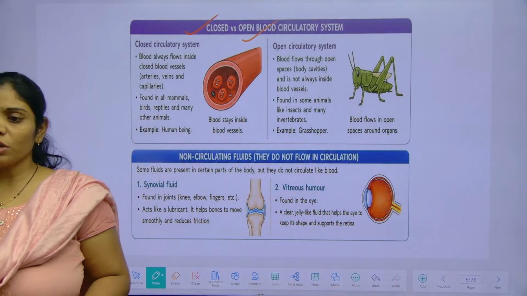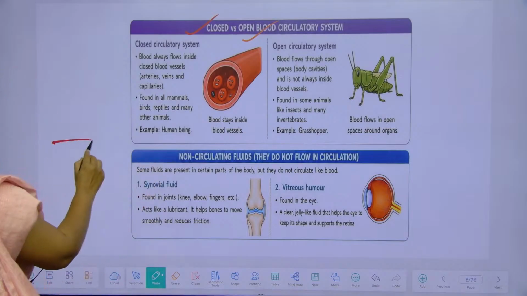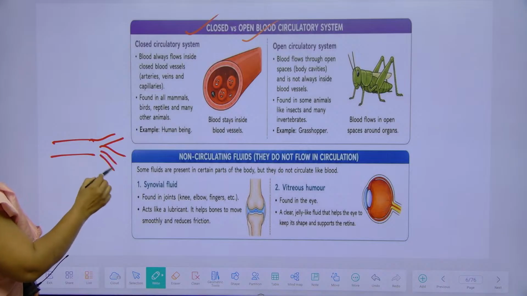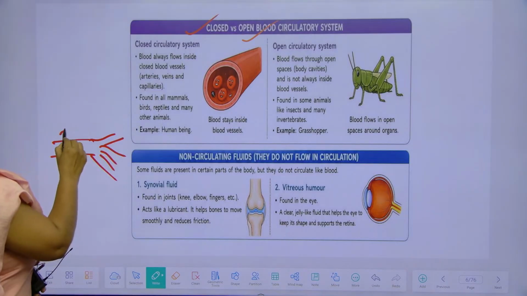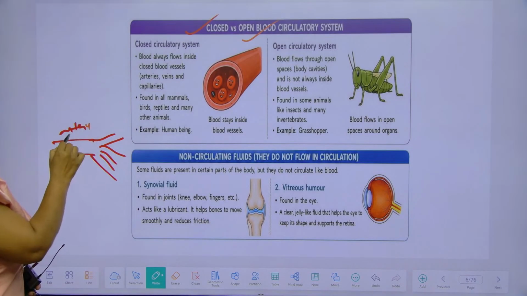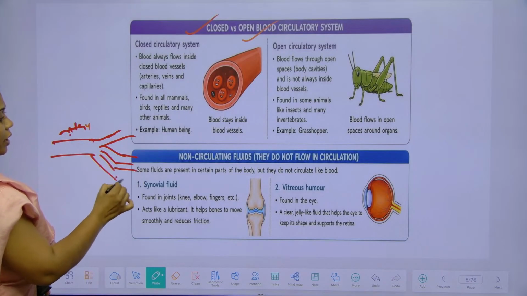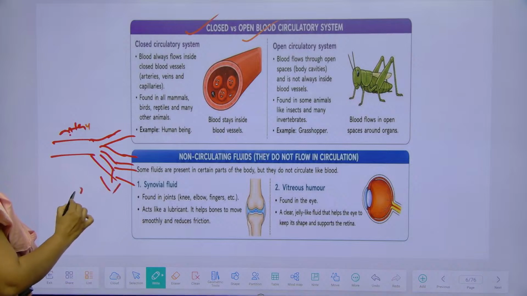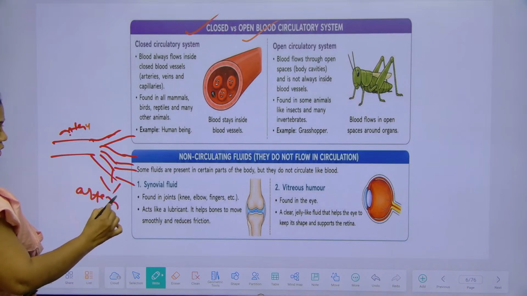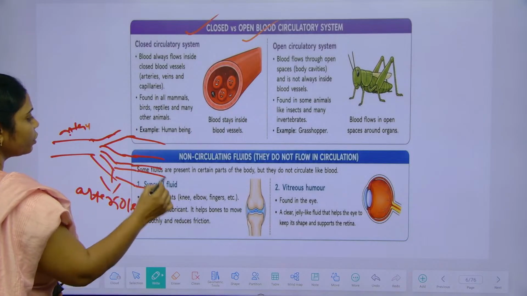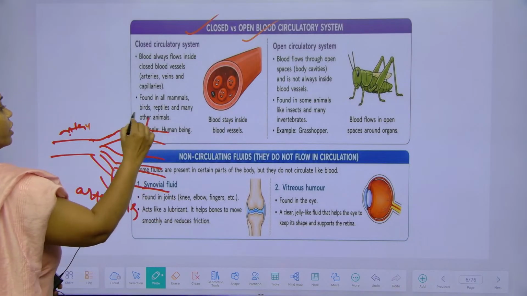Just now we discussed blood capillaries and arteries. Arterioles means what? A blood vessel, and again the blood vessel divides into blood capillaries. For example, if we consider this an artery, these smaller blood vessels can be considered arterioles. They join together and form what?